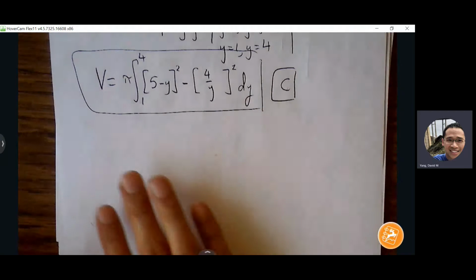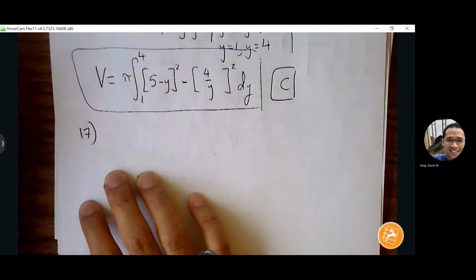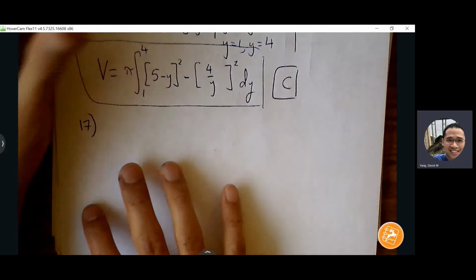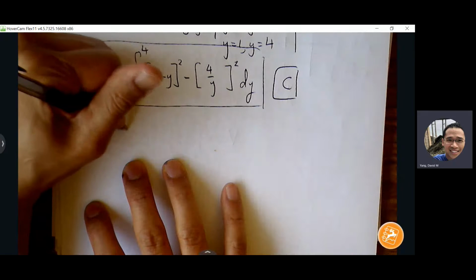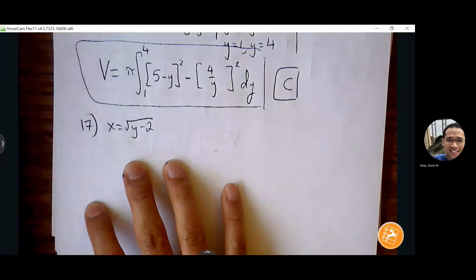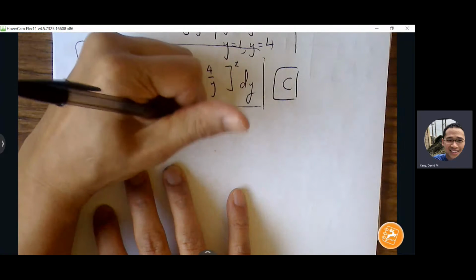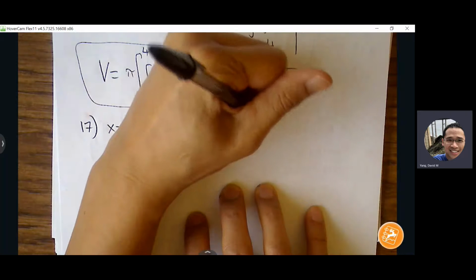Okay, number 17. What's the volume of the solid generated by the graph of x equals square root of y minus 2, and the lines x equals 0, x equals 5, revolved around the y-axis.